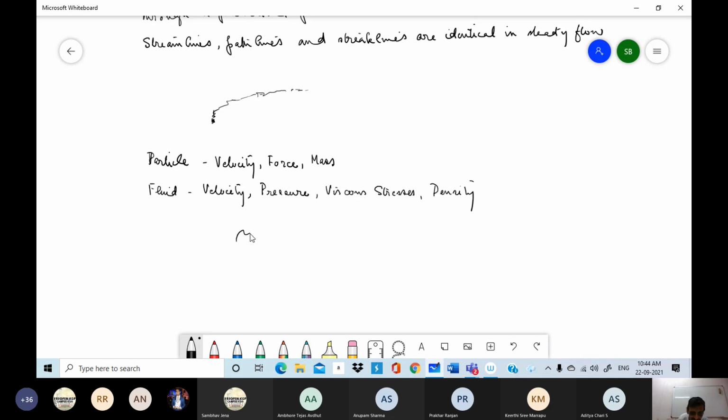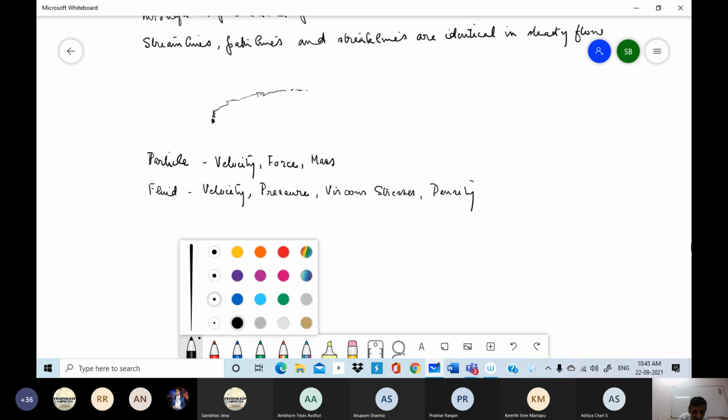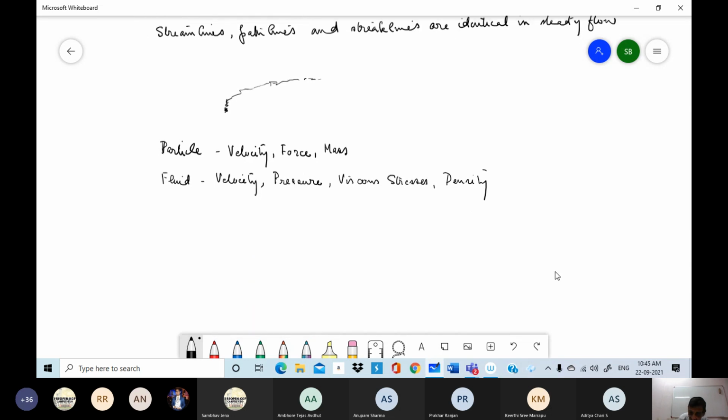So if I have a small element dV of fluid, what I need to know is the velocity with which this element is moving, what the pressure forces and viscous stresses acting on this element are, and what the density of this element is.